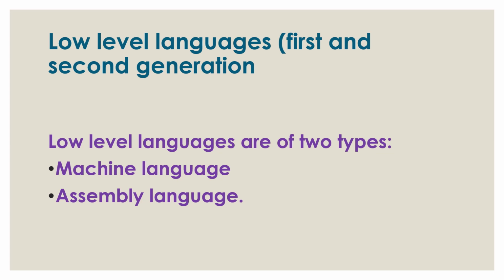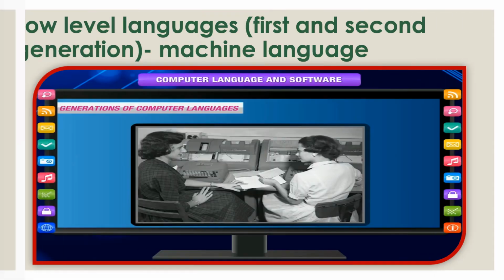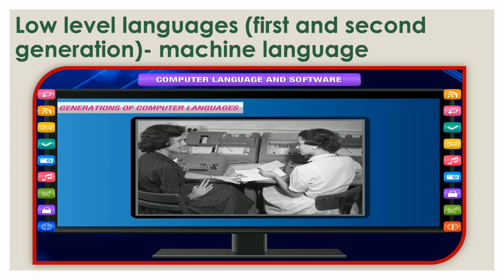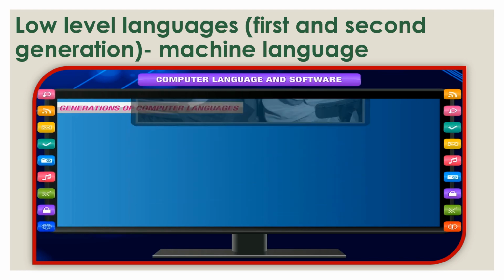Low-level languages. Low-level languages are of two types. First, machine language. Second, assembly language. Earlier, the instructions given to a computer were in machine code, made up of zeros and ones, binary language.